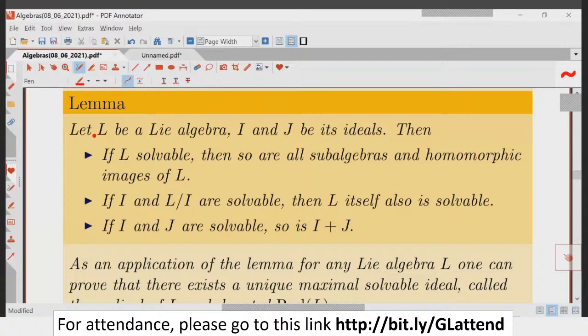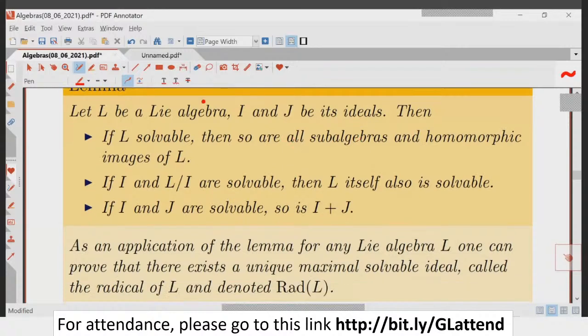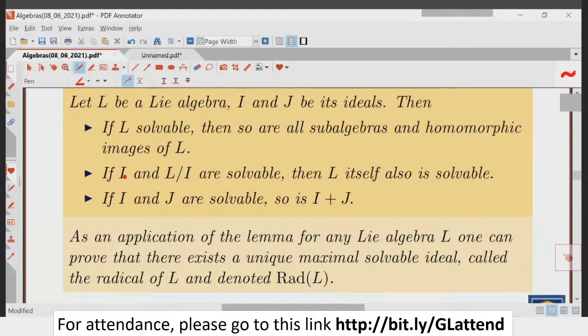If L is a Lie algebra, and I and J are its ideals, then if L is soluble, so are all subalgebras and the homomorphic image of L. They are soluble. If I is soluble and L over I also is soluble, then L is soluble.